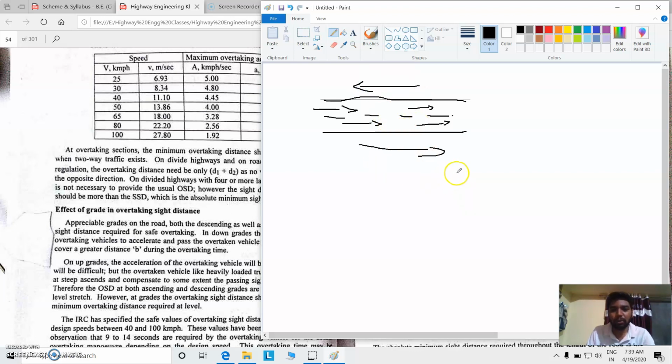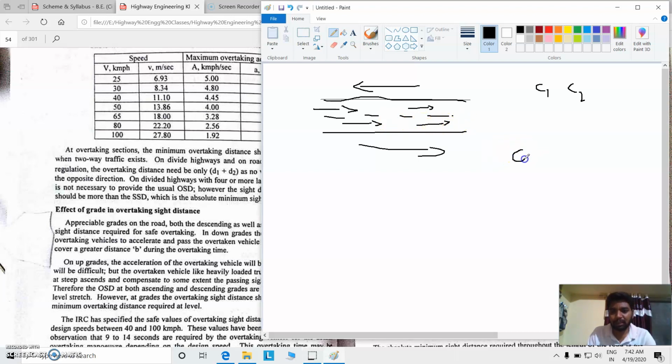In this case, we don't have any upcoming vehicle, that is vehicle C moving from C1 to C2 during the overtaking operation of vehicle A. Vehicles move only in one direction, so the vehicle on the opposite side is not there. The overtaking vehicle and overtaken vehicle are moving in the one-way traffic, but on the upcoming side there is no vehicle.